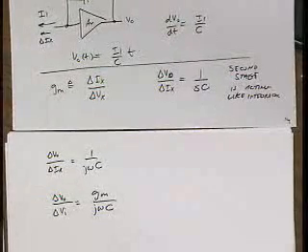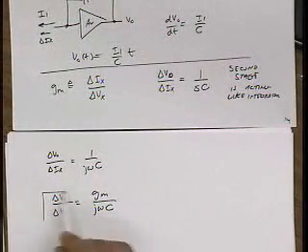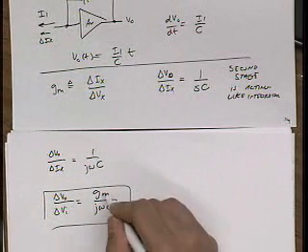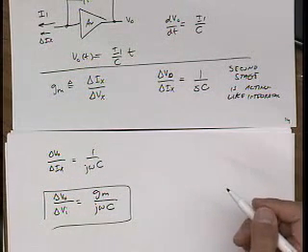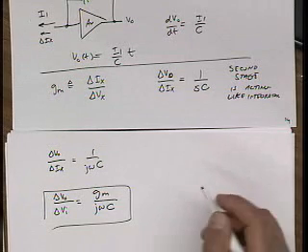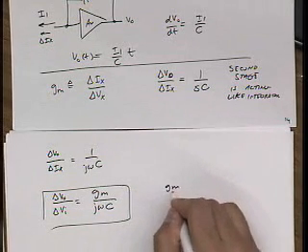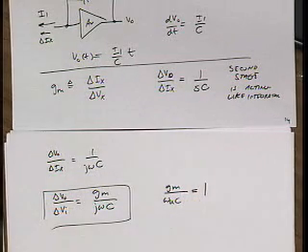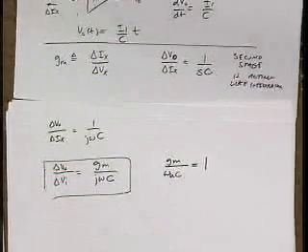Okay, so everybody knows this equation. You use it in homework all the time. And what do we call Gm over C? We call that the unity gain frequency. So at unity gain frequency, this term is equal to 1.